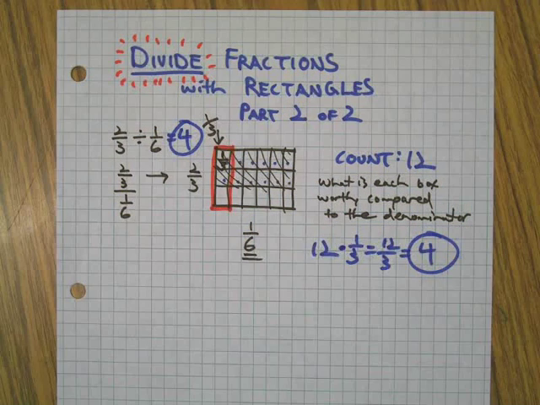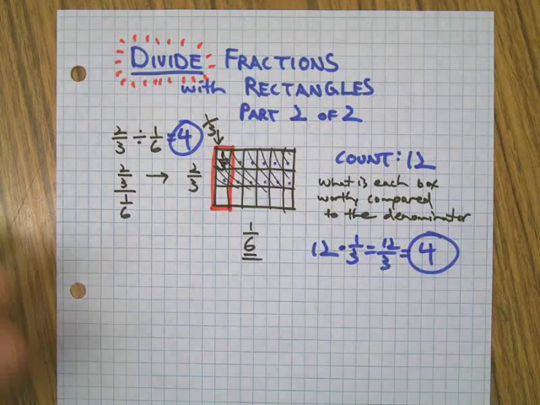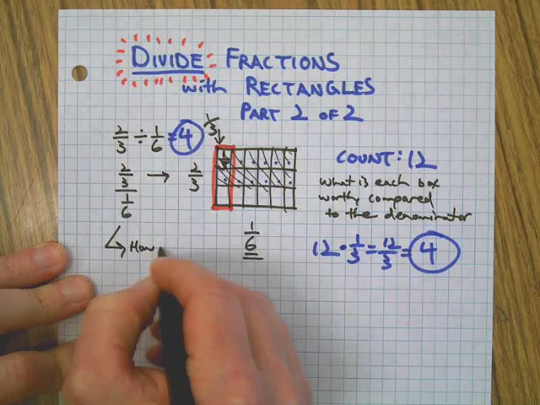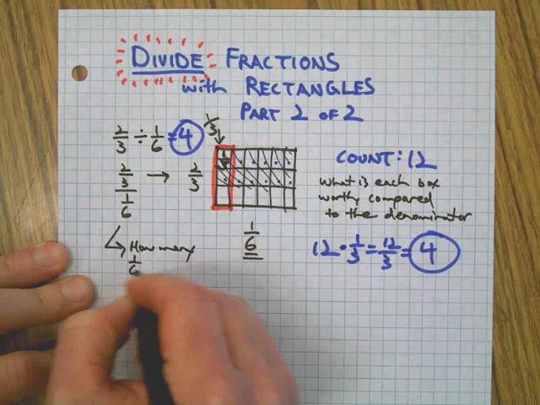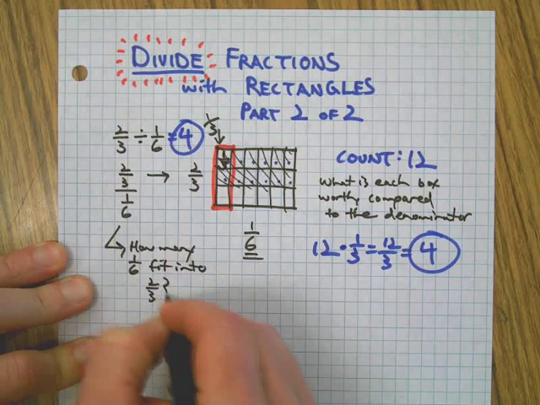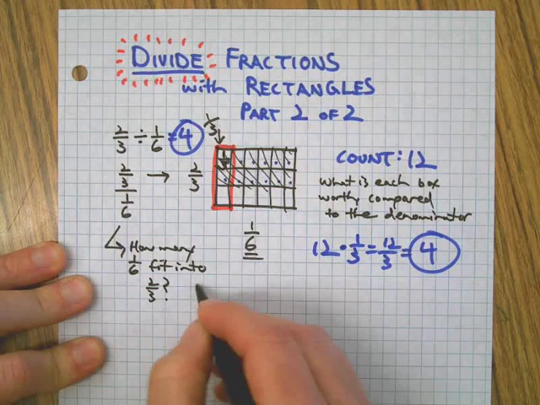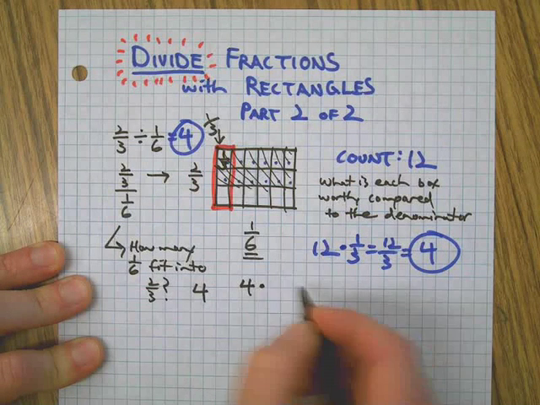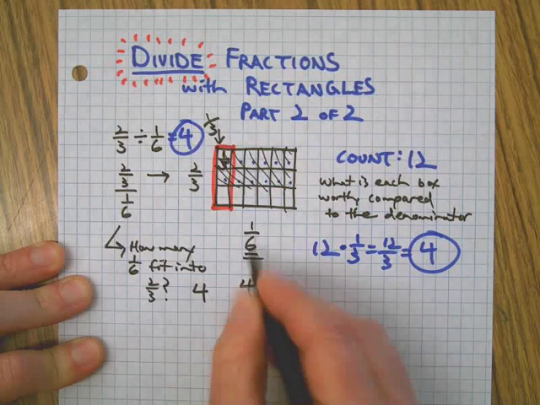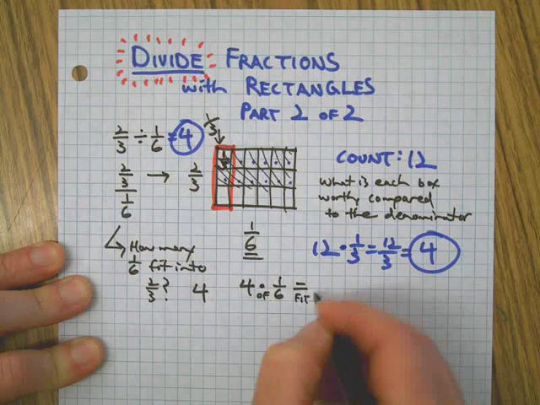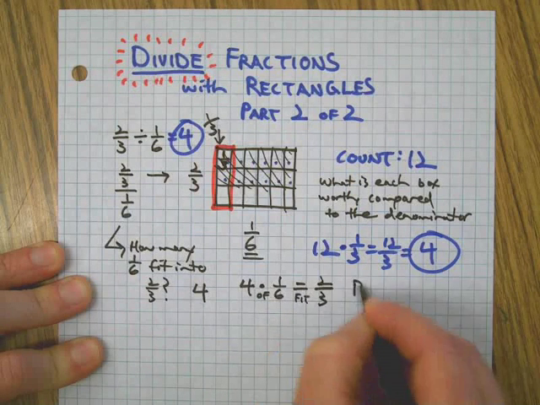So, in other words, what we're saying here is this asks how many 1/6 fit into 2/3. That's what the division problem asks. Our answer is 4, and so what this says is 4 of, that's the word of, 4 of these fit, equal sign, into this. Okay?